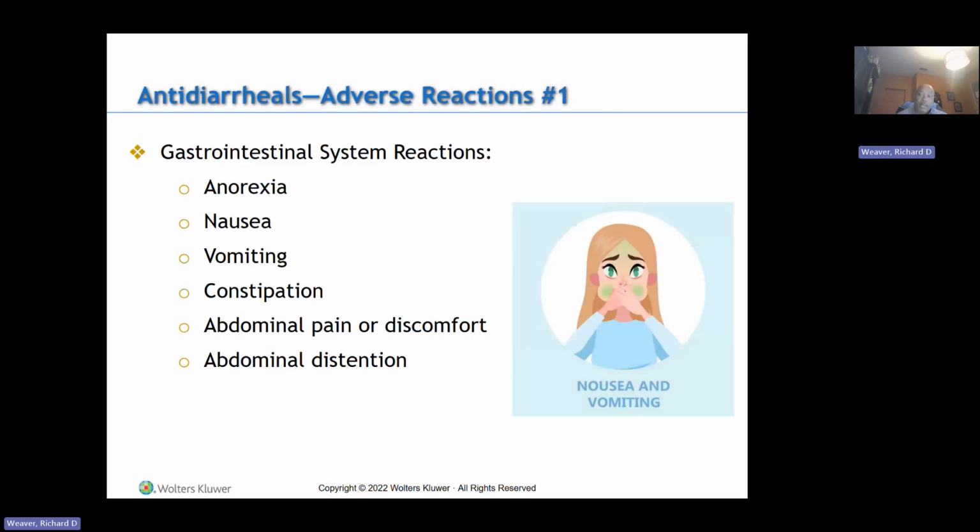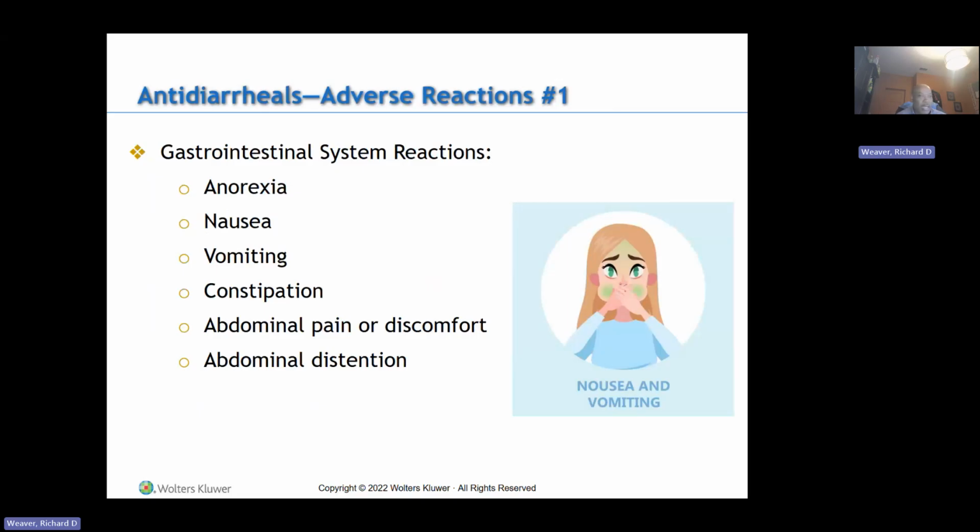I mean, the patient is experiencing diarrhea, and then treatment of these conditions can lead to the other side of it, which is constipation. So you're trying to prevent one thing, and if you're not careful, it can lead to constipation, which we don't want. We want them to have normal stools and what have you.